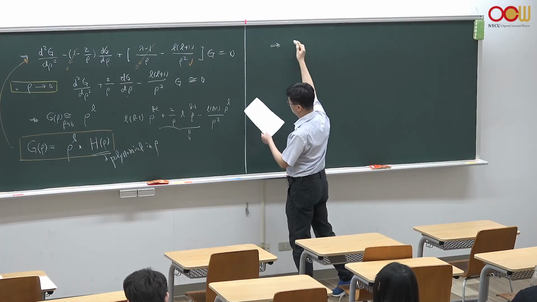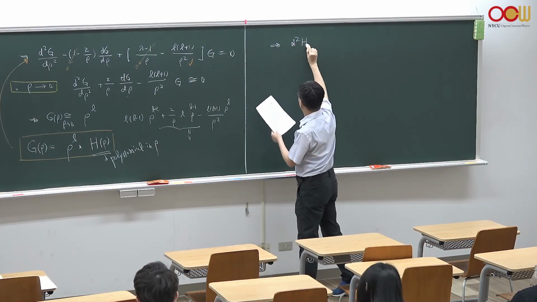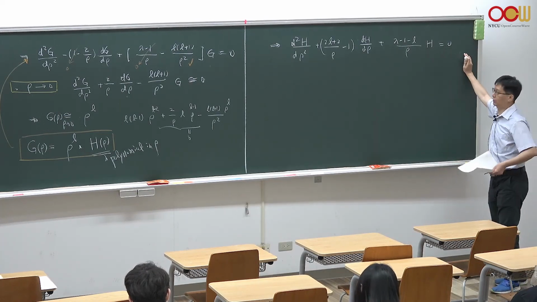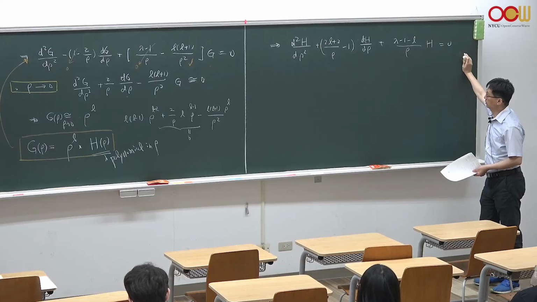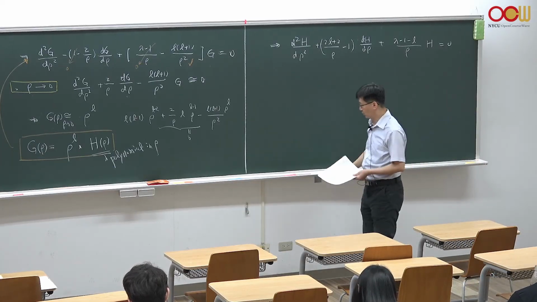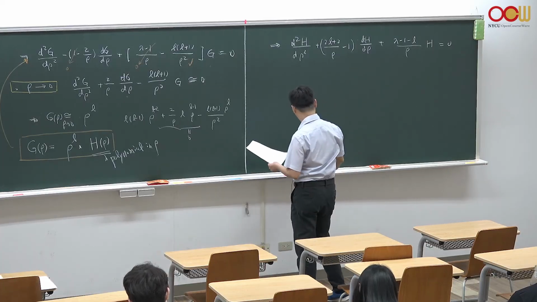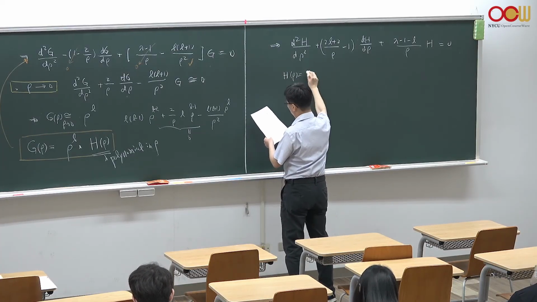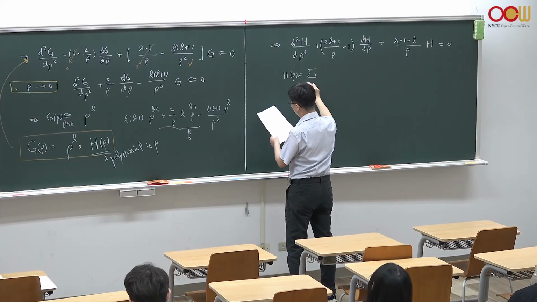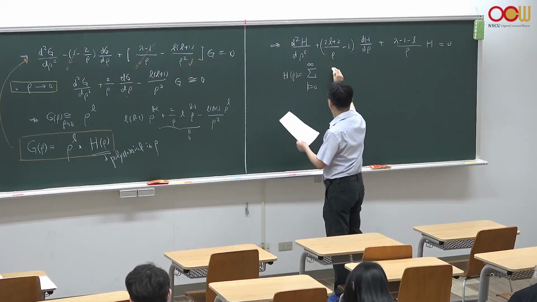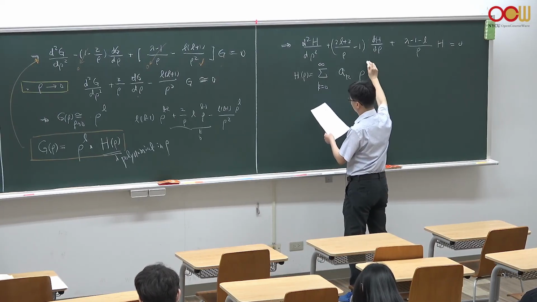Let's write down this differential equation for capital H. Again, this is very messy and complicated. We don't know the solution in advance, so we need to make some proposal. Suppose that this is just a polynomial with an infinite number of terms as a function of rho.